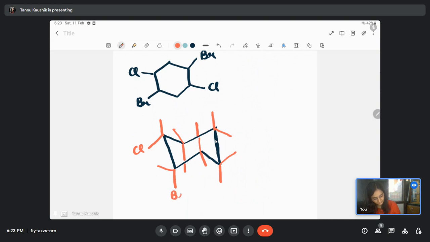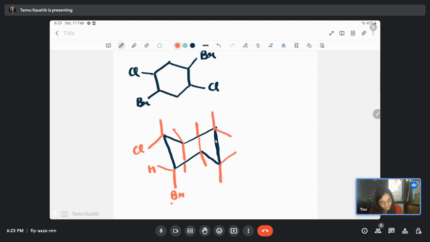So here we have this fluorine, this bromine. These are bulky atoms, so we will have to make the configuration such that the steric hindrance between these atoms is minimum. So I'm keeping them alternate.